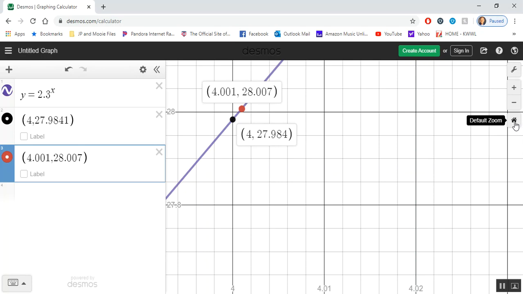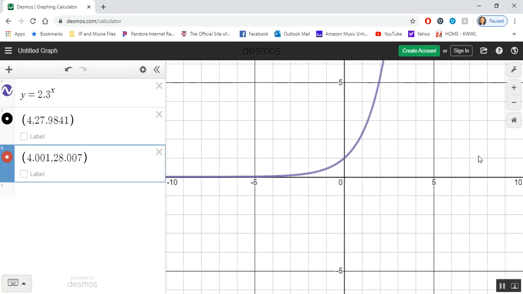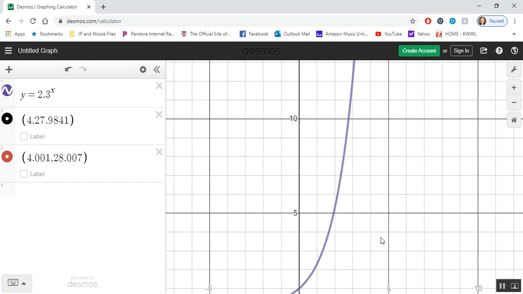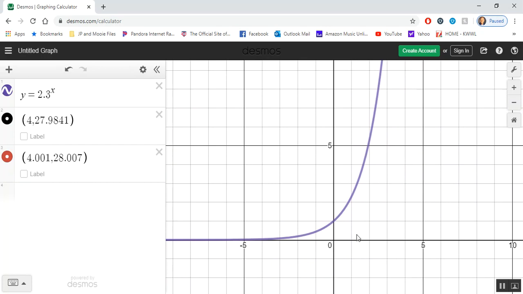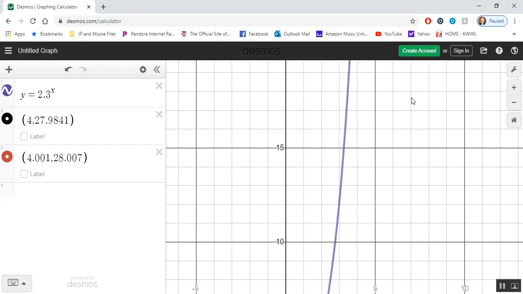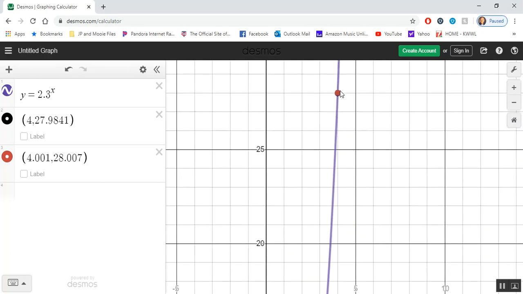Here's the actual graph at 4. At x equal 4, this is the original graph. There's that point. Is that slope pretty steep or not? Yeah, pretty steep. Slope of 22.9 there, okay?